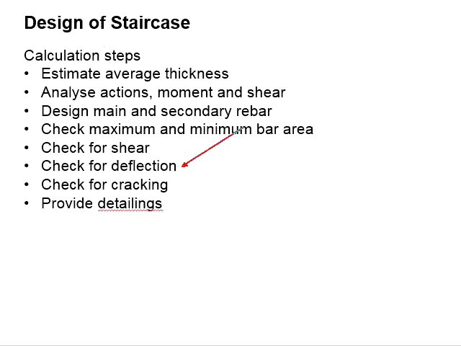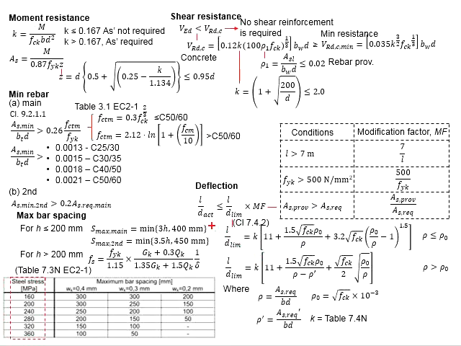Our next step is to check for the deflections of the member. Therefore, we will need to use these equations for us to determine the limits for the L/d ratio. Since no compression reinforcement bar is required, that means most likely we are dealing with this equation.